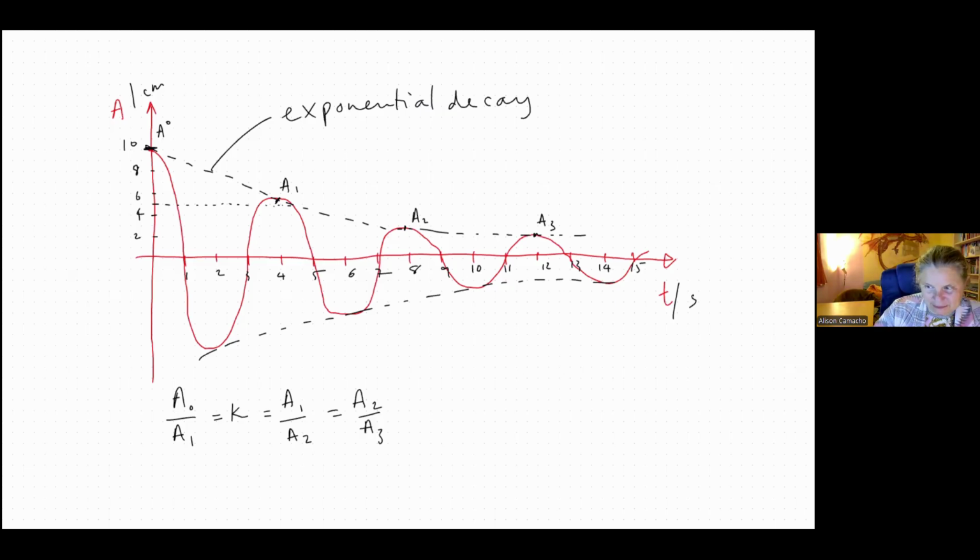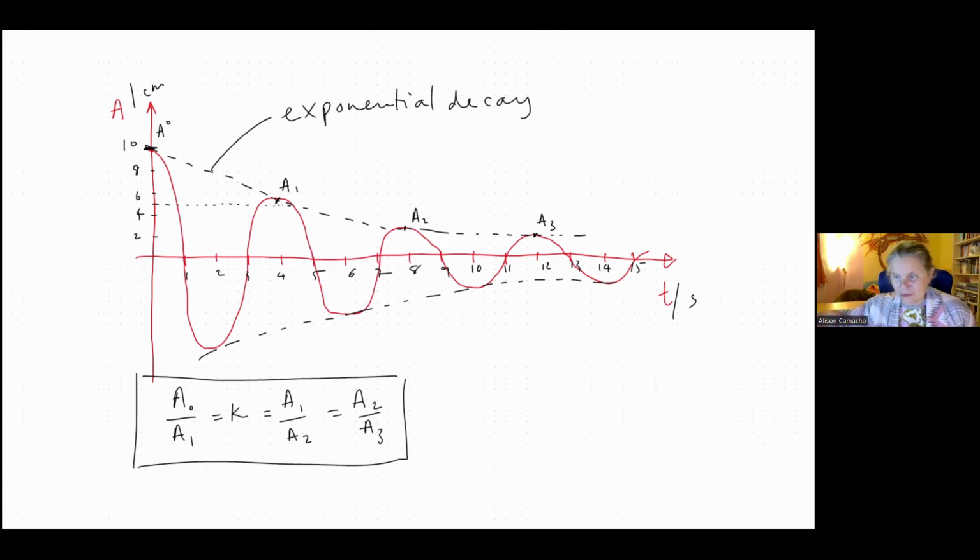It makes it easier. Okay, and this is true for any exponential. If you were to get any exponential, you could just choose the same time over and over, and do the values on the y-axis for one divided by the other, and then one divided by the other.